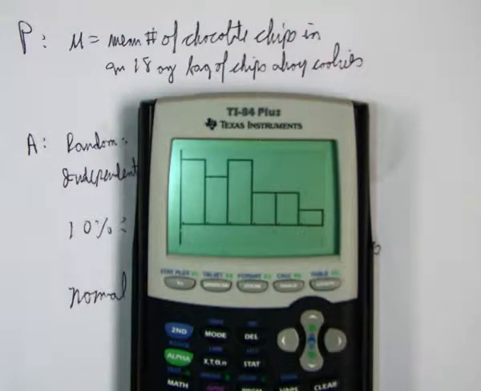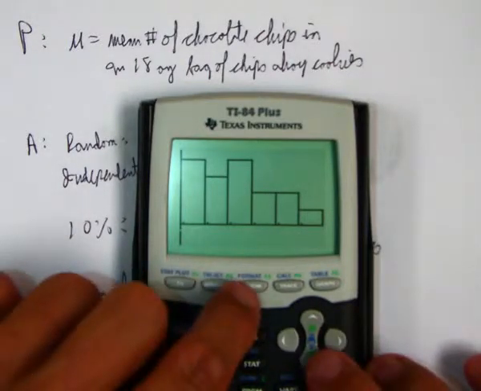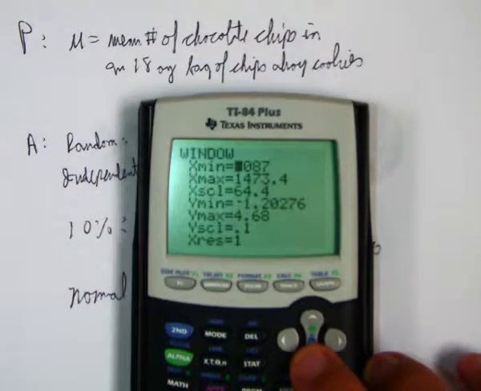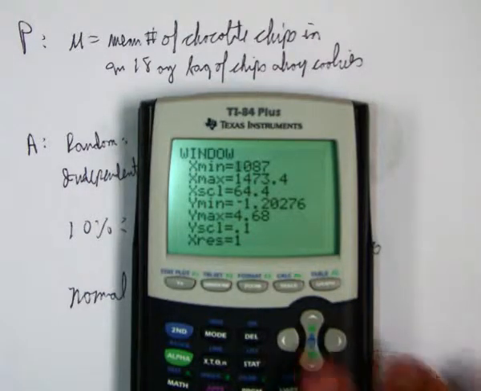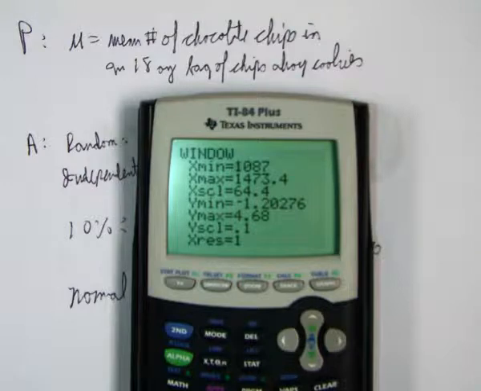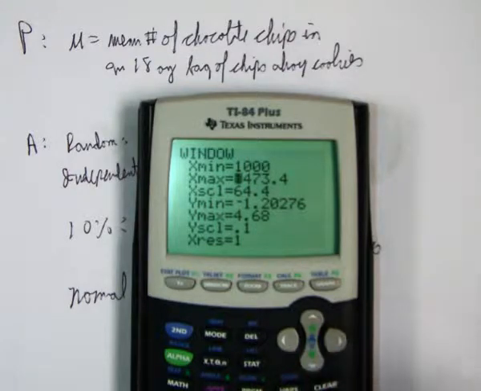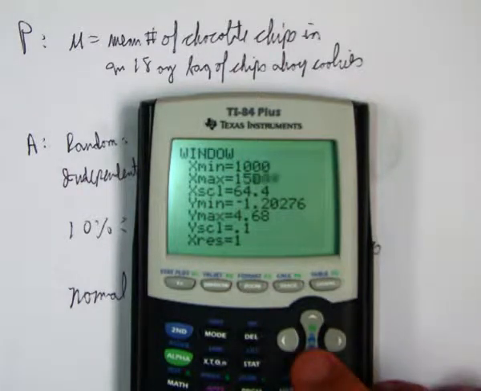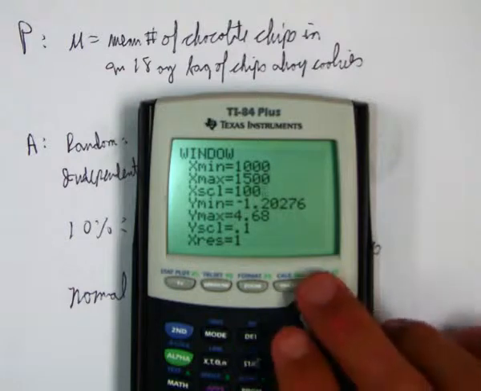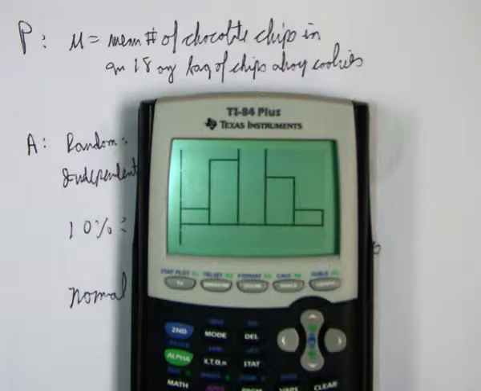Okay. And let's see if I can change this window a little bit. Let's say I change this to 1,000 and go up to, I don't know, 1,500 and go up by 100. Sometimes you got to do this. Okay, there you go.